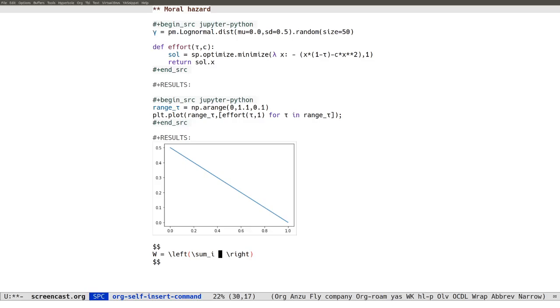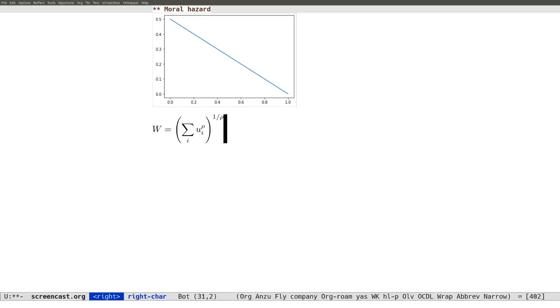The welfare function the government uses sums over all its citizens, each utility to the power rho, and then the overall sum to the power 1 over rho. So it takes the utility level of each individual, takes it to the power rho, sums it, and then the overall thing is to the power 1 over rho.